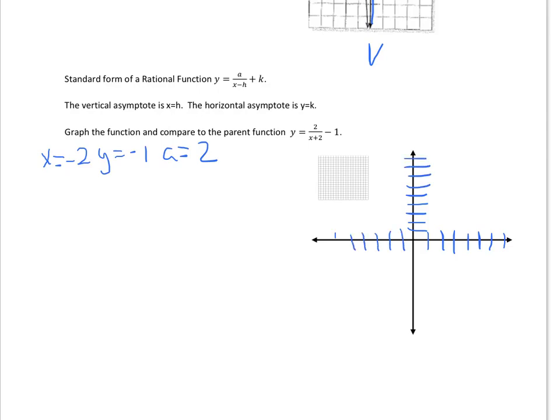I'm not sure what happened with copying this graph over, but I'll figure it out later. So graph the vertical and horizontal asymptotes first. x equals -2, go left 2. That's where x is equal to -2. y equals -1.